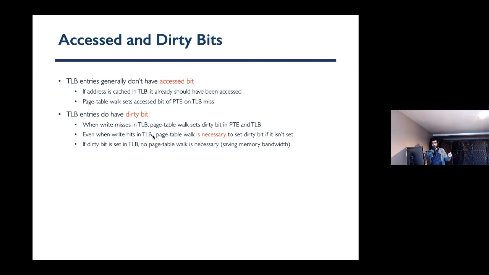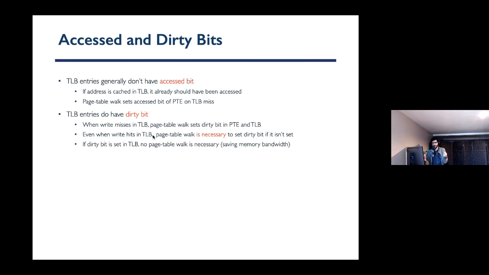You set the dirty bit in page table entry. You set the dirty bit in your TLB, and now for any future writes, you don't need to go back to the page table entry because you already have indicated that the content of this page has changed. So future writes, you can just look at your TLB entry and see that the bit is set to 1, that tells you that the dirty bit is also set to 1 in your page table entry.